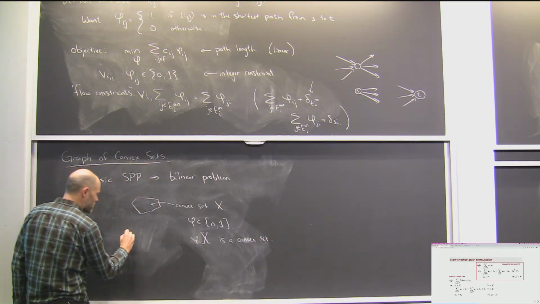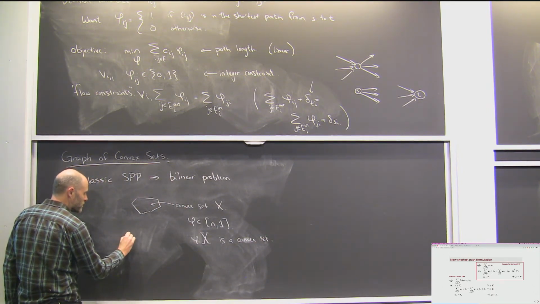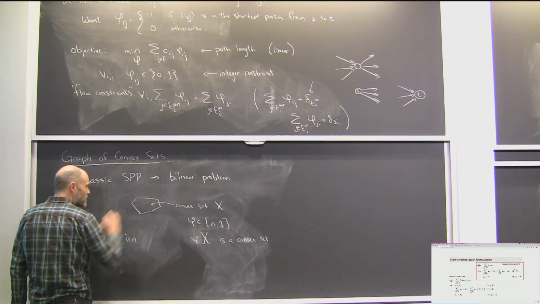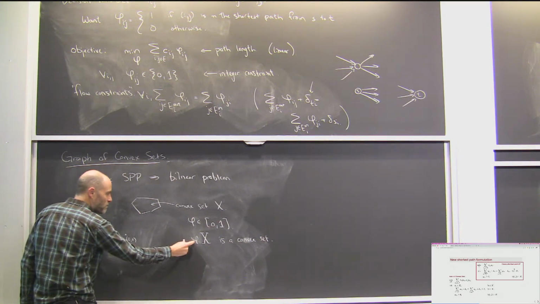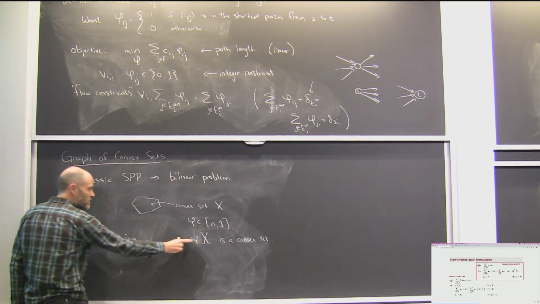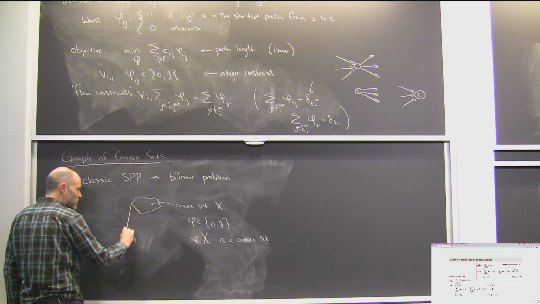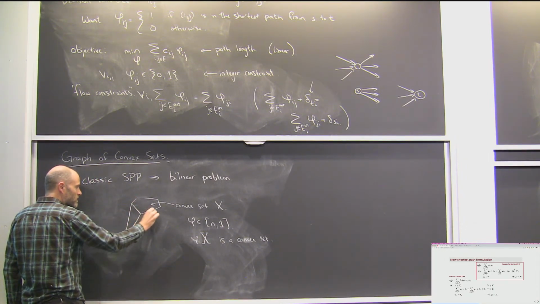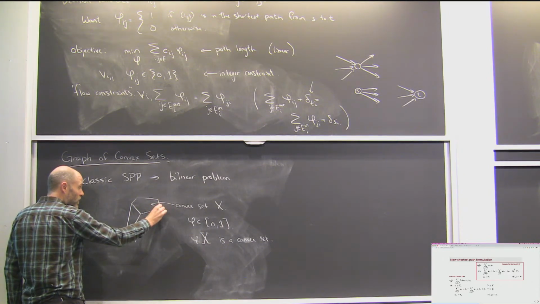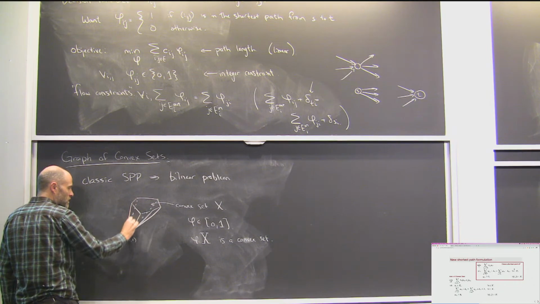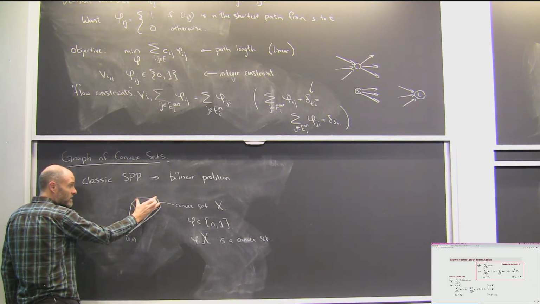So if you imagine the origin and you imagine my set X, then if I multiply by this phi in this higher dimensional space, it's going to look like the projection of the convex cone created by taking that convex set.